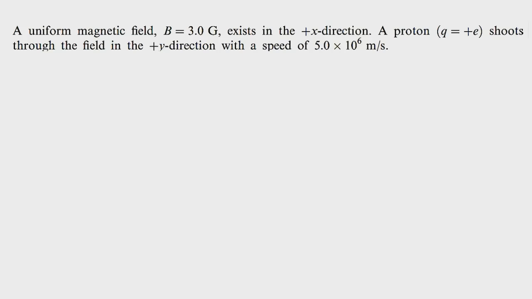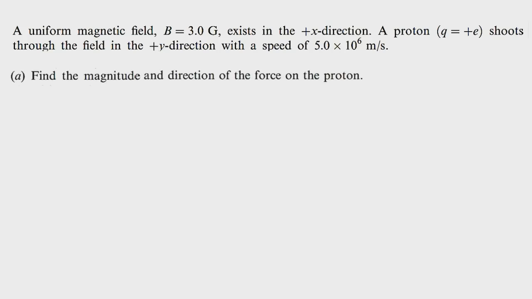A proton, Q equal to positive e, the value for the elementary charge, shoots through the field in the positive y direction with a speed of 5 times 10 raised to the power of 6 meters per second. The requirements are to find the magnitude and direction of the force on the proton.